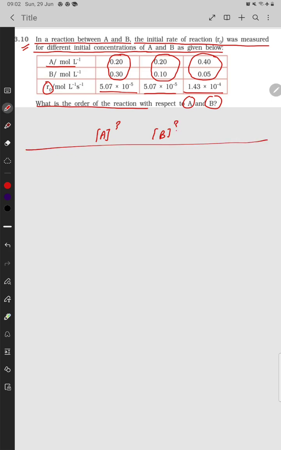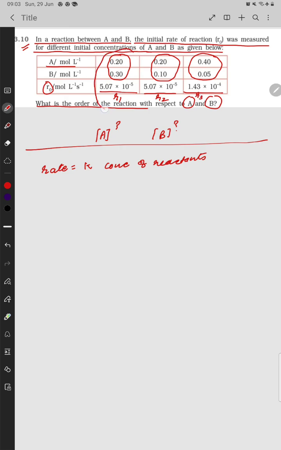Now, what is the rate, student? Rate of reaction is equal to K times the concentration of reactants. Here we will consider this case R1, this case R2, and this case R3.